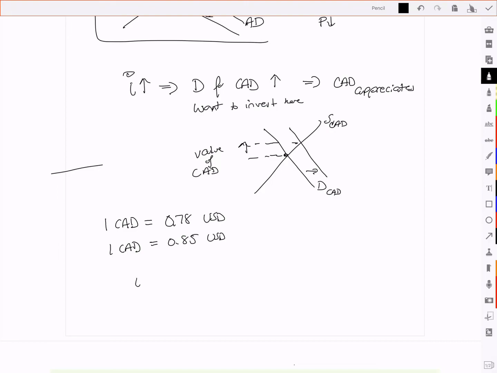On that note, then, if you lower your interest rate below other countries, then what happens is we have less demand for Canadian dollars. In fact, all the Canadians want to buy other currencies, right?